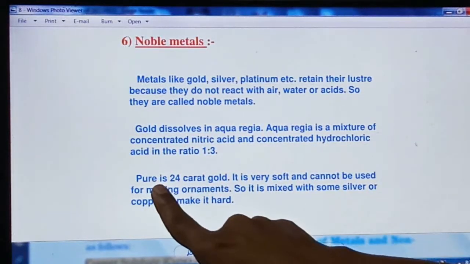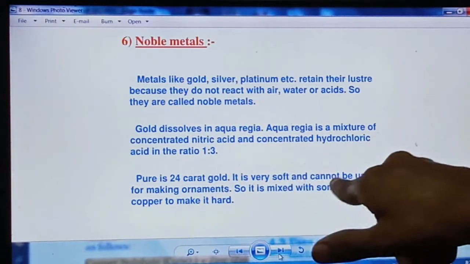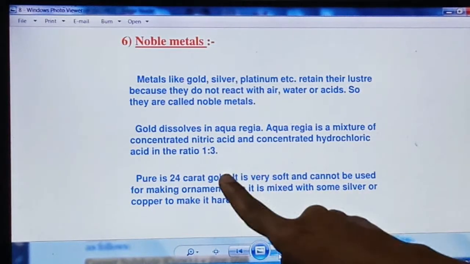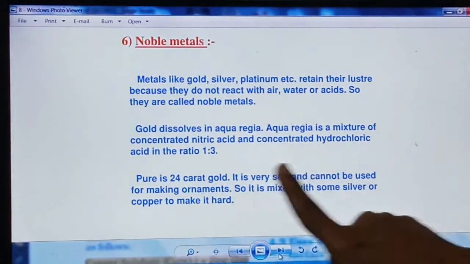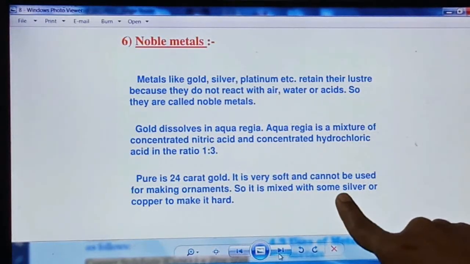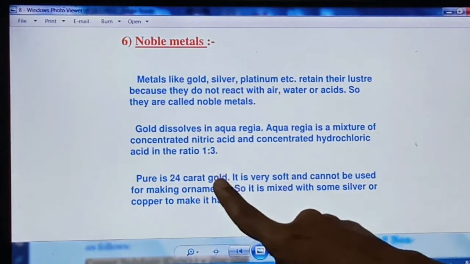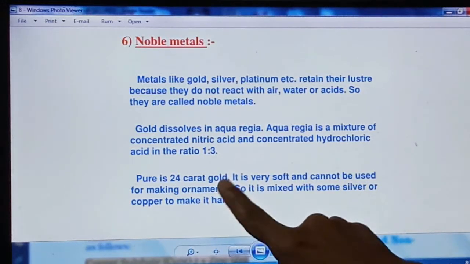Pure gold, that is 24 karat gold, is very soft and cannot be used for making ornaments, right? So that's why this gold is mixed with other metals like silver or copper, which makes it hard enough to make jewelry, and that's why the carat goes decreasing. 22 carat, 21 carat, 18 carat jewelries are available. For more designed ornaments, we have to make them harder, right?